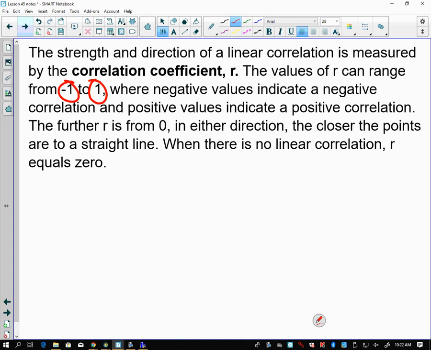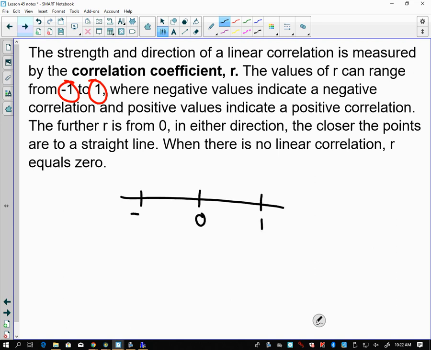So the further away that my data gets from -1 and 1, the closer the data gets to what? Let's look at it as a number line. Here's 0, here's 1, here's -1. Here it's linear, here it's linear but going down. So if my data is moving away from either of those two numbers, what is it beginning to approach?